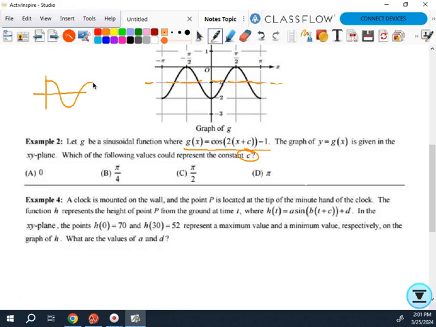Then I'm going to figure out which one is c. C is my horizontal shift. It's shifting me left or right. For cosine, we start on the y-axis before we shift left and right, and we're up from the midline, whatever a is. So I'm starting right here. Everybody okay with where I'm starting? 0 would mean that I don't shift either way, so that's not going to be my answer. It's not even touching my graph.